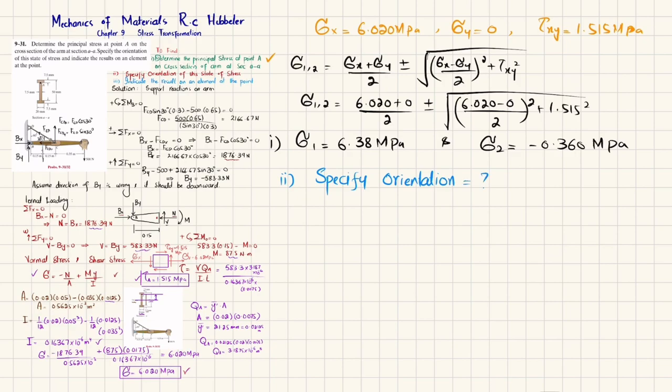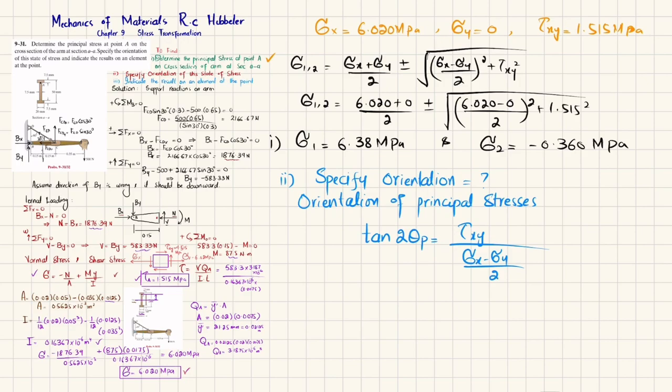So we know the orientation of principal stresses can be found by using this formula: tangent of 2 theta p is equal to tau of xy divided by sigma x minus sigma y divided by 2. Clear? So put the values.